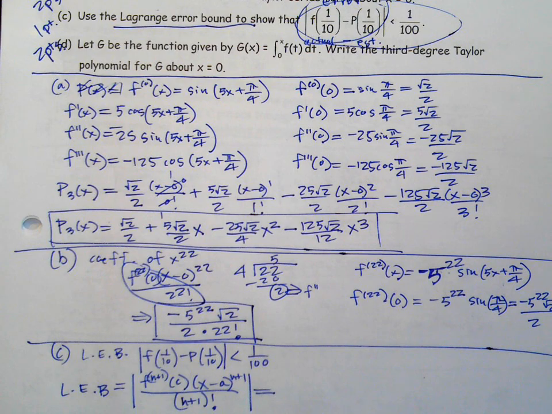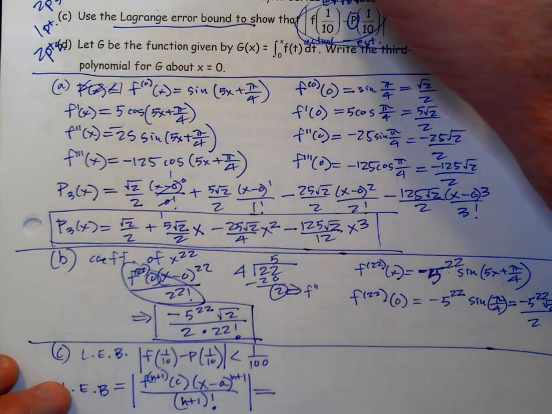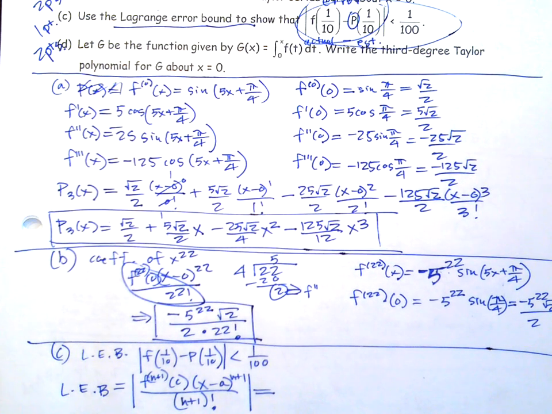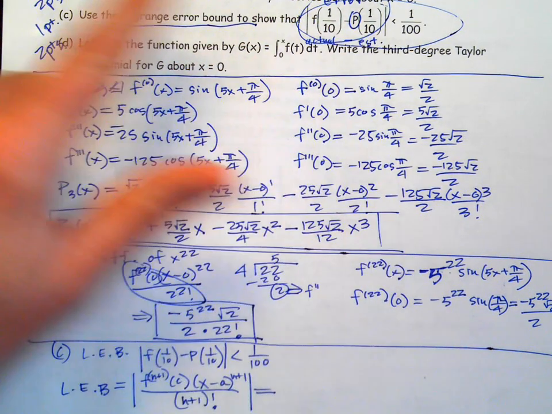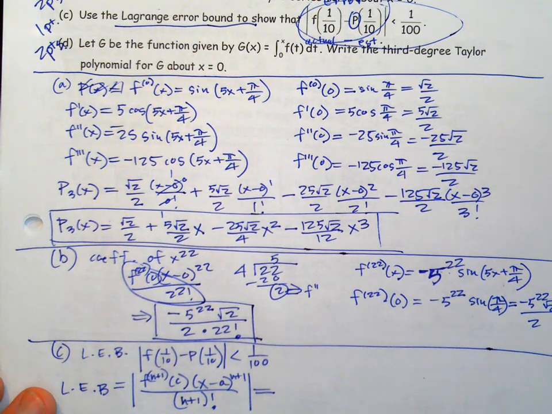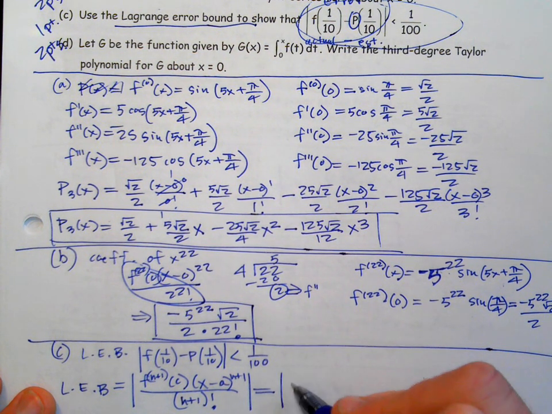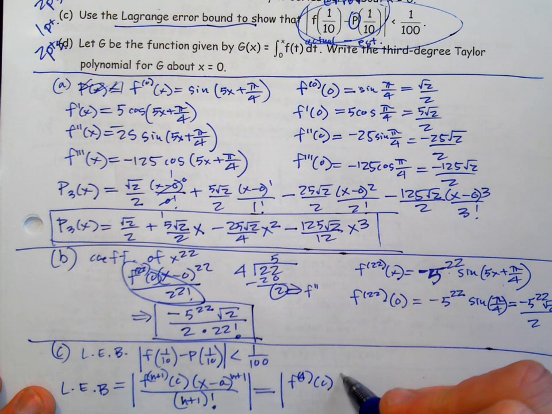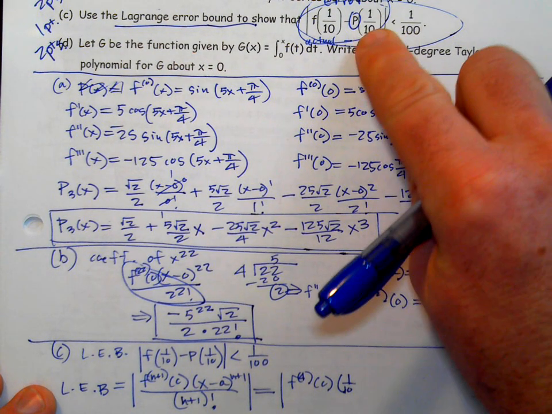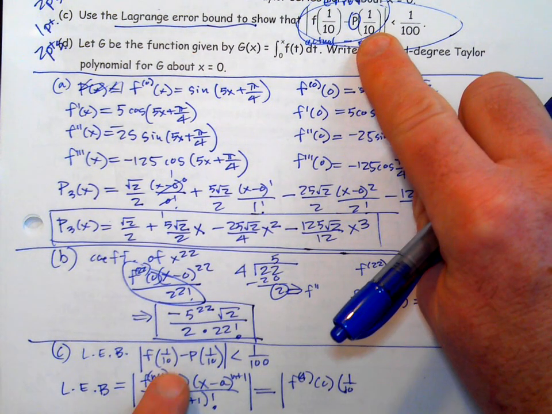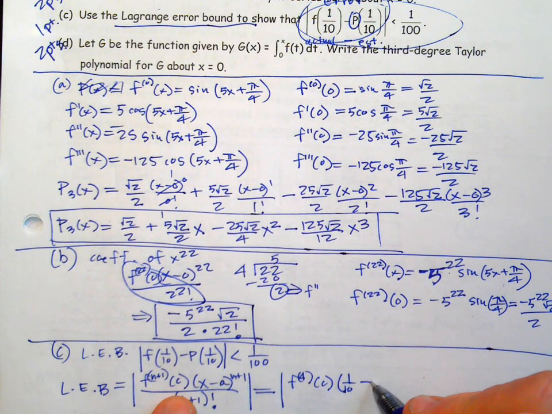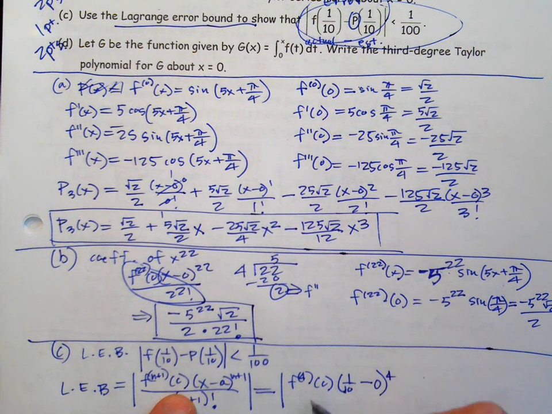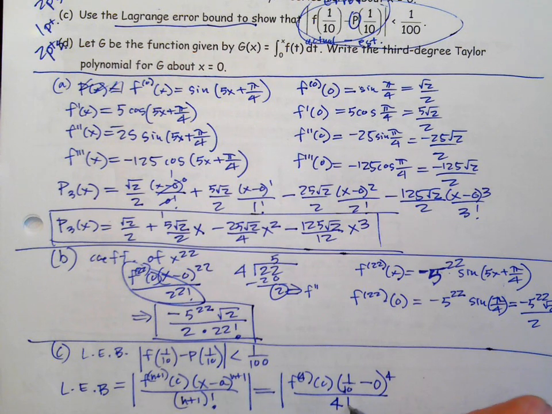We're using the Taylor polynomial that they've been referring to already. From part A, that was a third degree, third order. So we want the fourth derivative at c. The x value is 1/10. That's what we're plugging in, right? That's what they're showing right there. We're plugging in 1/10 minus the center, 0, to the fourth power over 4 factorial.